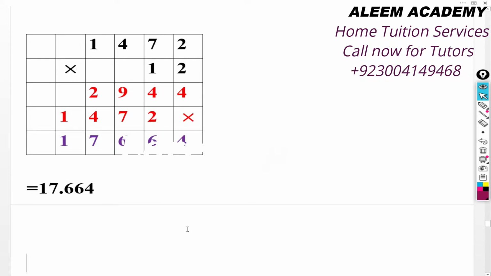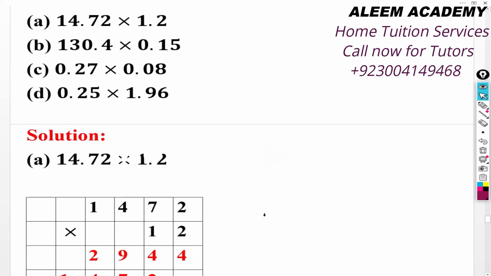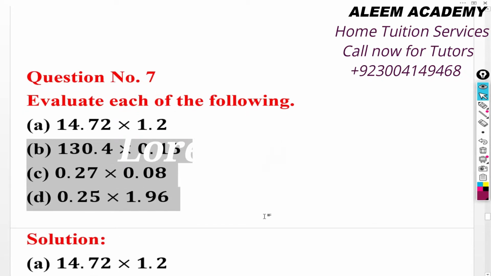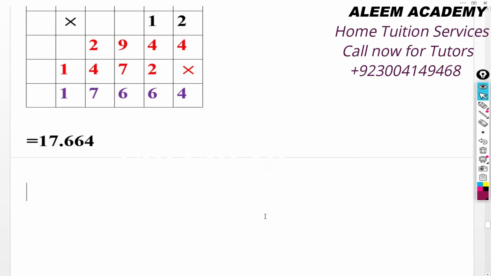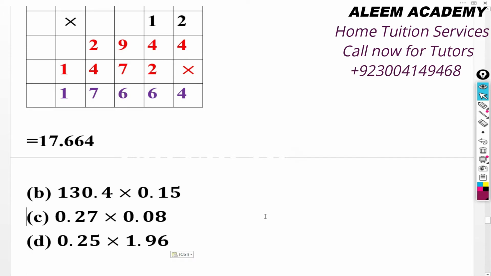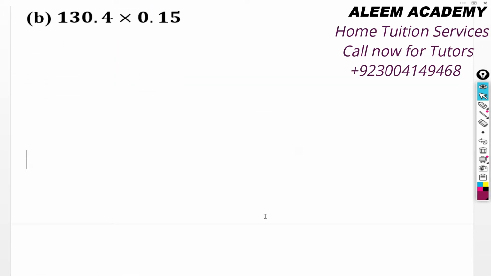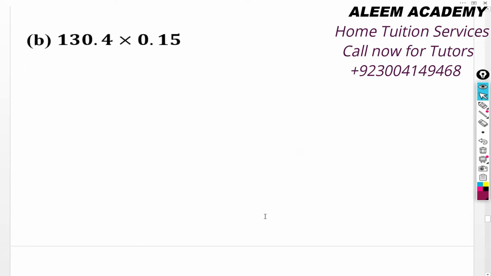Okay, now we move to the second part. B part is 130.4 multiply 0.5.